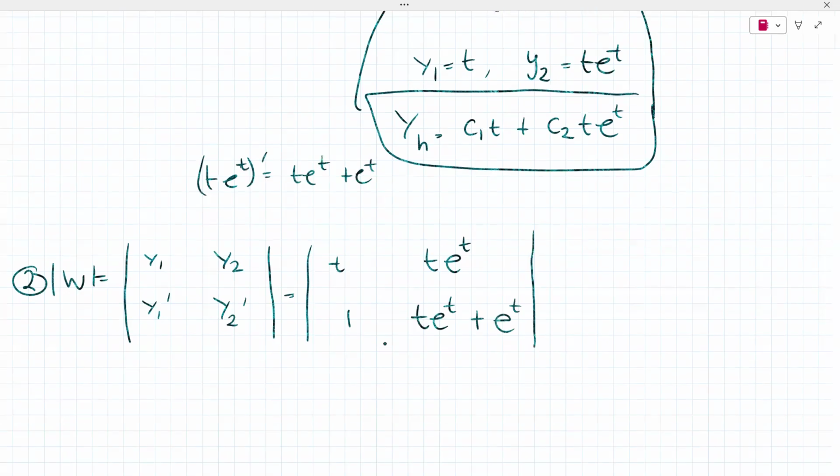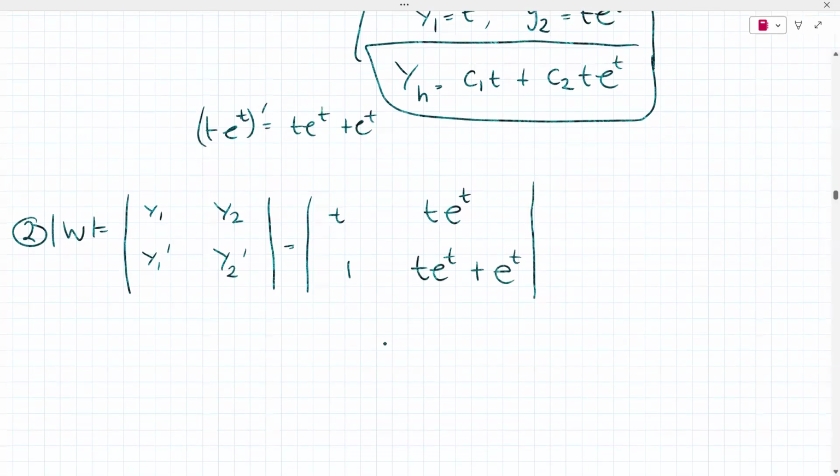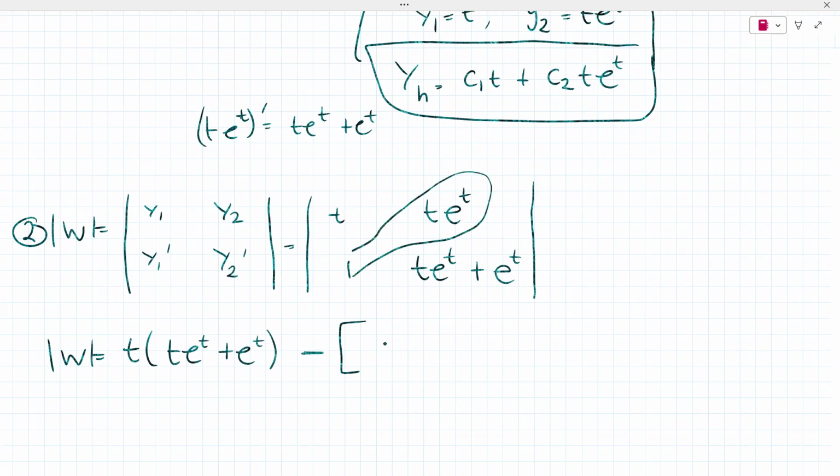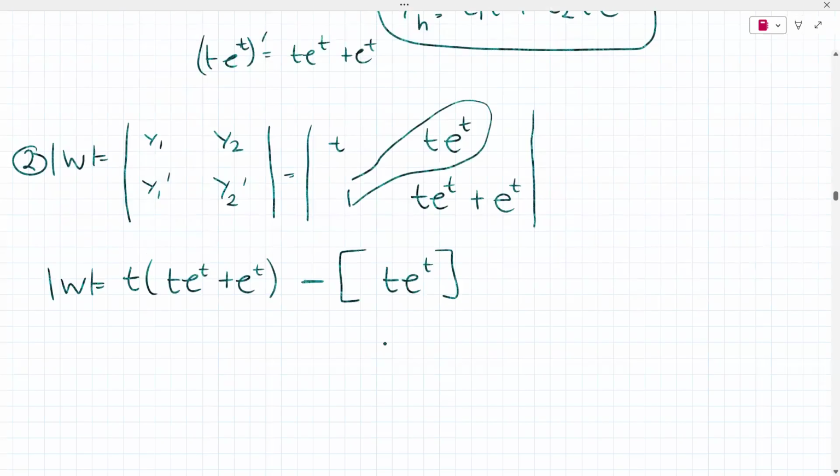How do you take the determinant of the 2 by 2? It's pretty simple, you cross multiply. So it's t times (t e^t plus e^t) minus, in brackets, 1 times this whole thing, which is just itself, right? Okay, and what can we do next? I guess we could just fill this out.